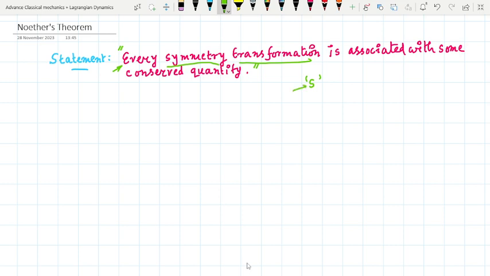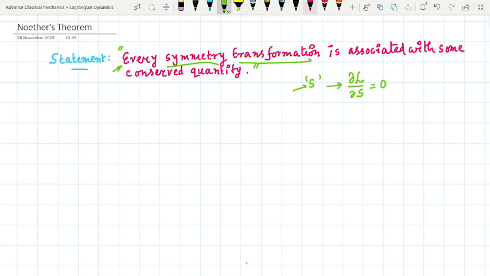So at the first point, to prove this statement, we have to consider that the Lagrangian is symmetrical with respect to this physical quantity. Then the change in the Lagrangian with respect to this should be zero, that is, the Lagrangian is invariant with respect to this physical quantity. We are going to use this property.